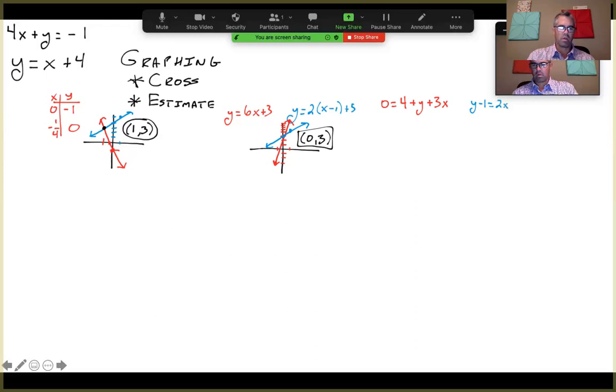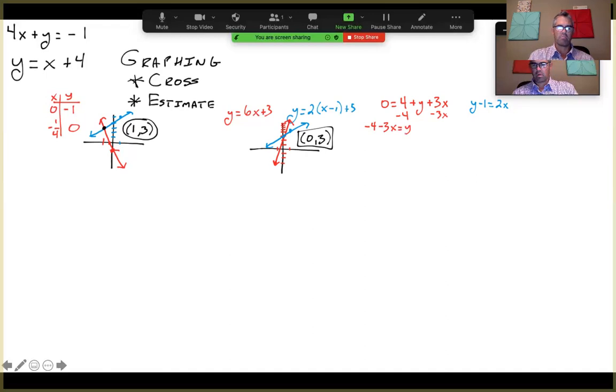This first equation, I'm just going to put it in slope-intercept form by subtracting 4 from both sides and subtracting 3x from both sides. When I do that, the equation is negative 4 minus 3x equals y.